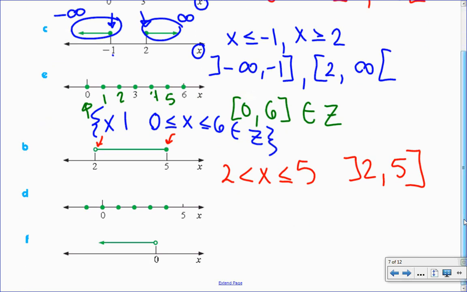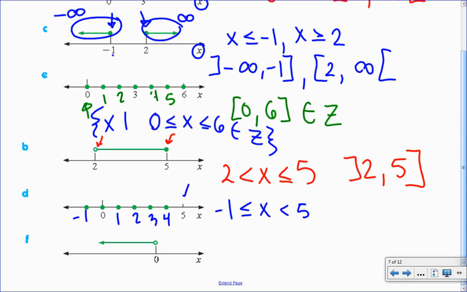Last one. Oh, 2 more. We've got -1, 1, 2, 3, 4, 5. So these are all integers again. So not including 5. We can say x is between -1 and 4, and we can include them. Or we can say less than 5 and not include 5.